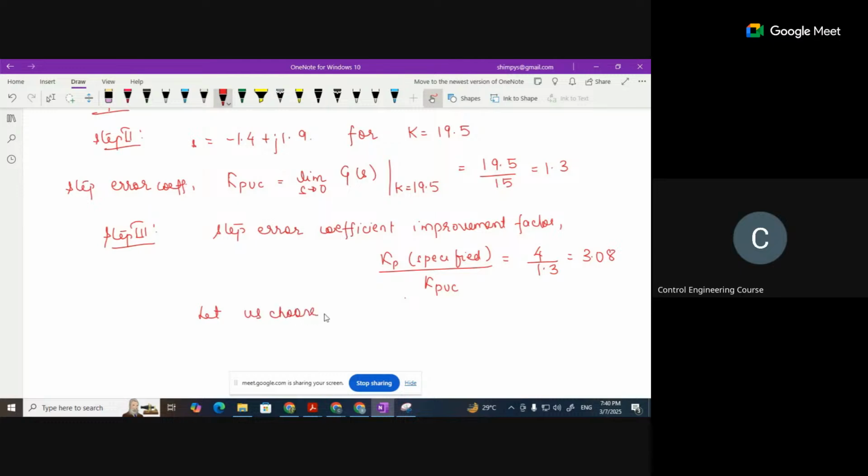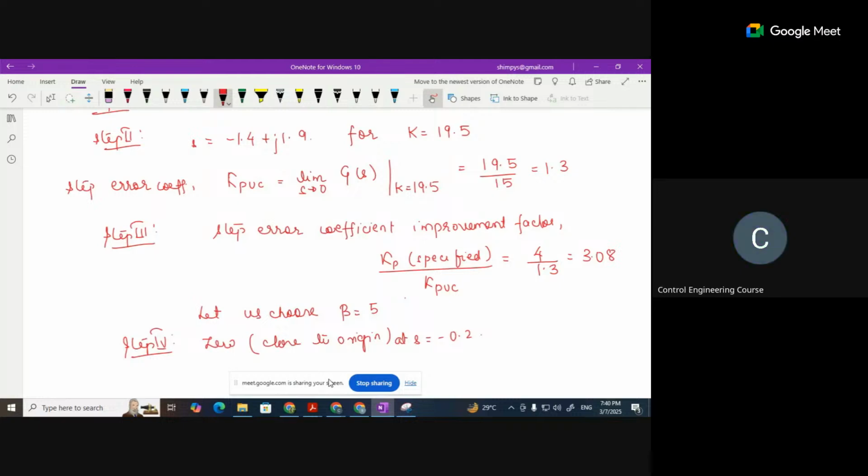Let us choose beta equals 5. Again, for the lag compensator, as we have taken in the previous problem, the zero is close to the origin, at s equals minus 0.2.